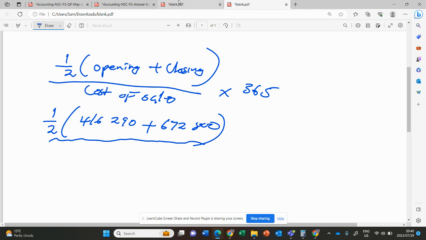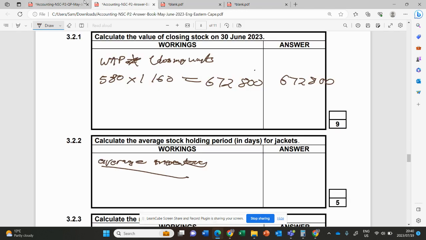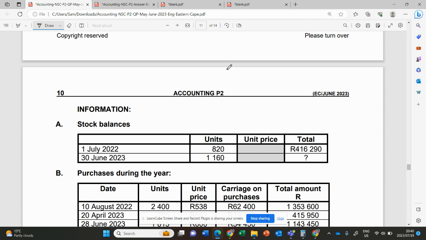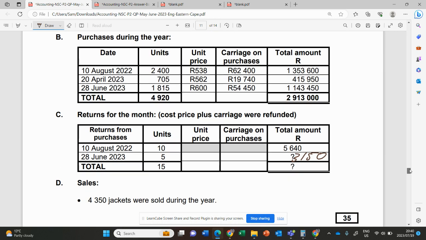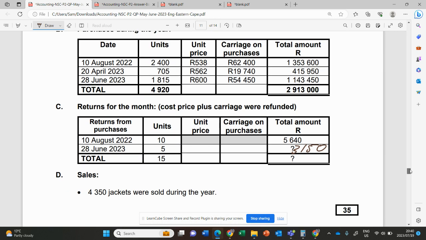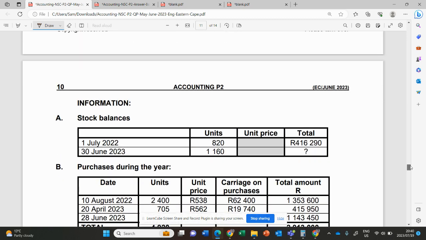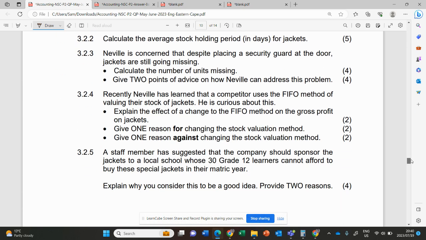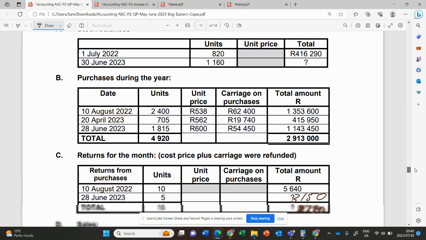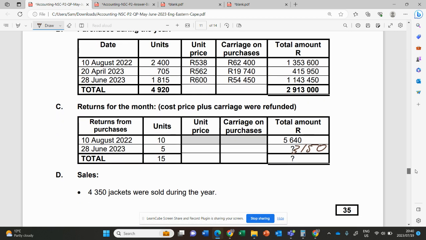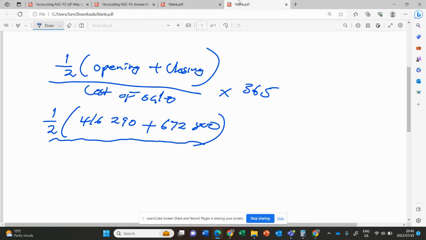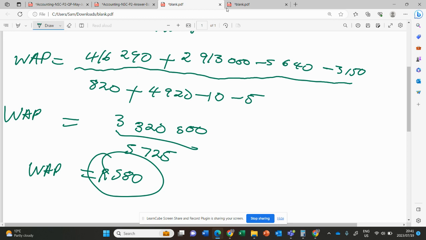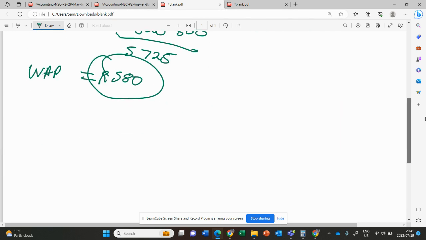Now let's check if the cost of sales is given. So the cost of sales is not given. If the cost of sales is not given, then you need to calculate it. So you need to start by calculating the cost of sales. What's the formula?